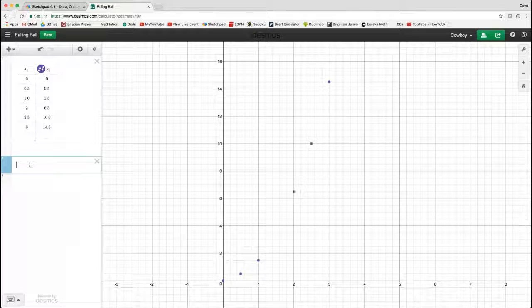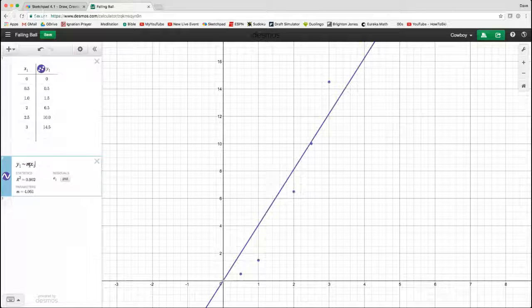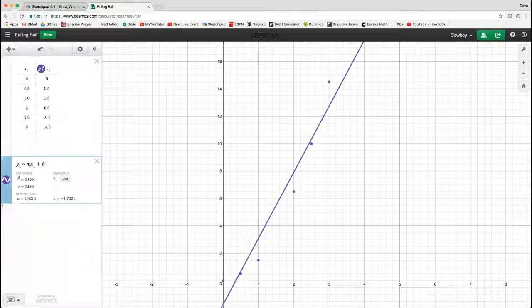But typically, let's do it as we learned yesterday. Let's pretend that it's a line, and let's see what the best fit line would be. So we say y1, and then we do that tilde thing, and then we say mx1 plus b. Now this is our best fit line, this blue line here.